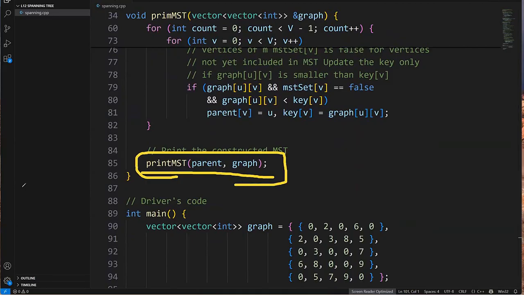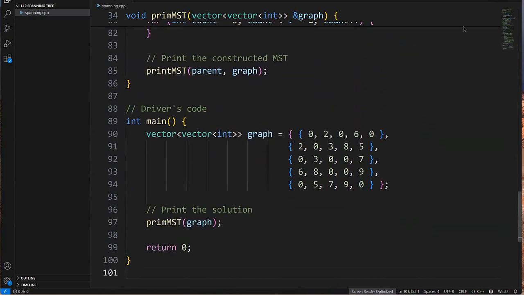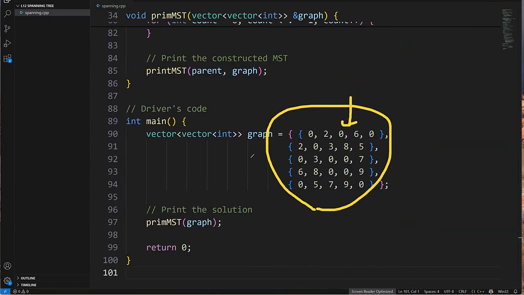So basically, your main algorithm is that you get a vector of integers. That's your graph. Your graph is described like this, and then you try to find your Prime minimum spanning tree with that graph. So this is the main algorithm.